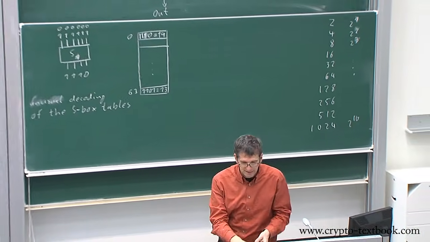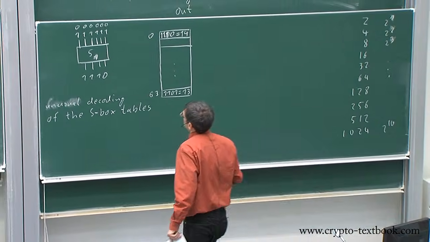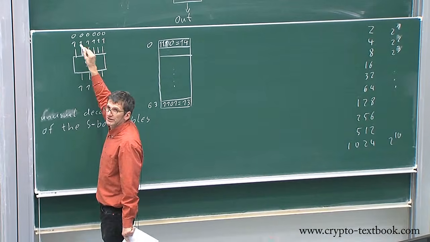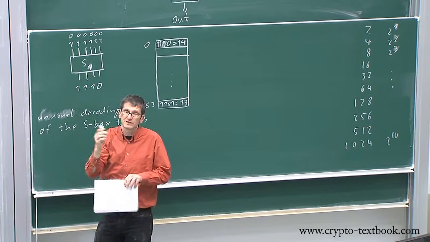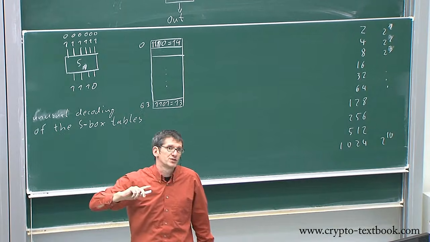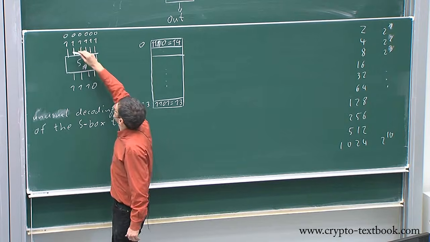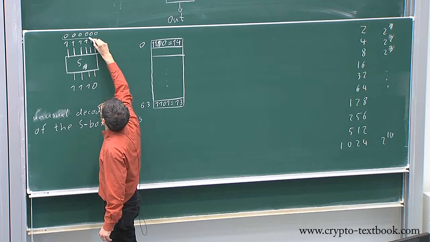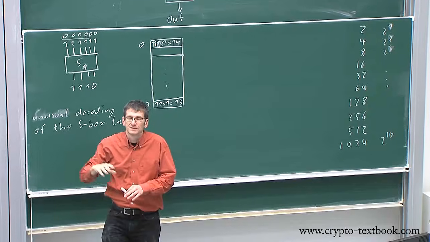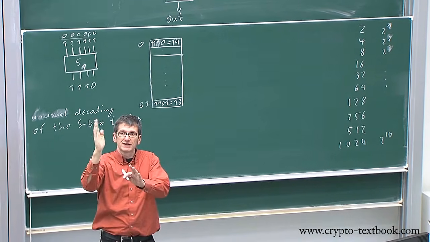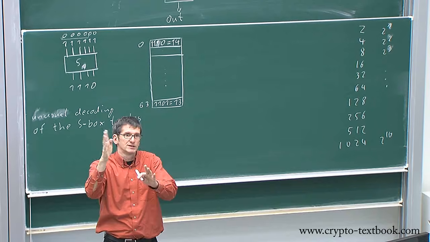Now what we have to do with the 6 input bits: each 6-bit word selects one output. How do we do that? You take 4 of these bits and select one of the columns, einen der Spalten.